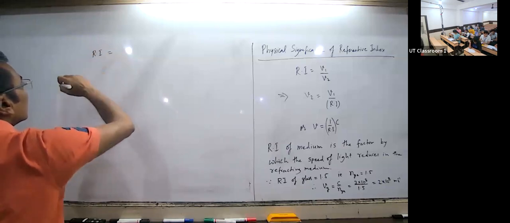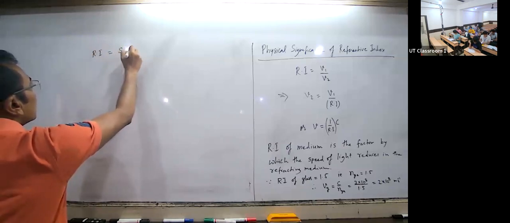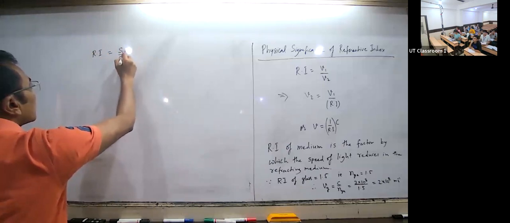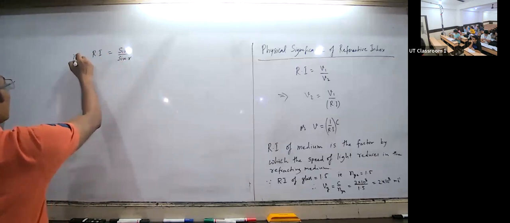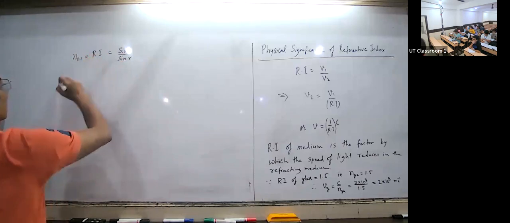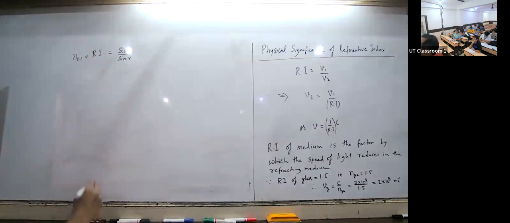Till now we have done refractive index is sin i upon sin r. Okay, so what is this? This is n21.